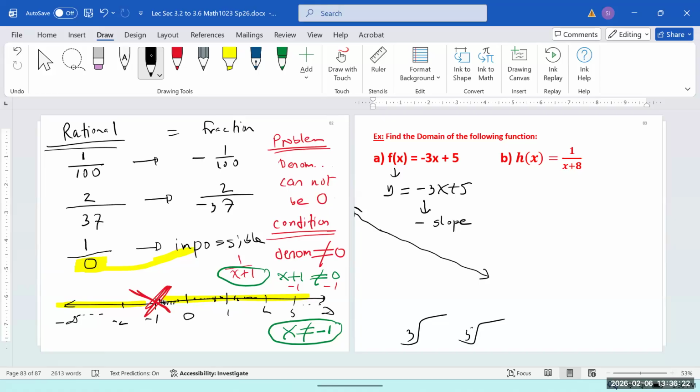So what is its domain? Negative infinity to positive infinity. Any line has domain negative to positive infinity except a vertical line, because a vertical line is not even a function.